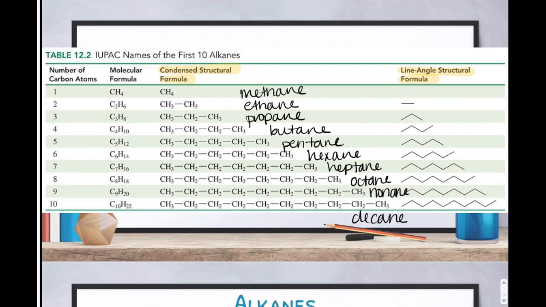I can just say, this carbon has 3 hydrogens attached to it. This carbon has 2 hydrogens attached to it. And then you can get the idea, draw it from there. So it's just a shortcut. But I do show the bonds between carbons in the condensed structural formula.